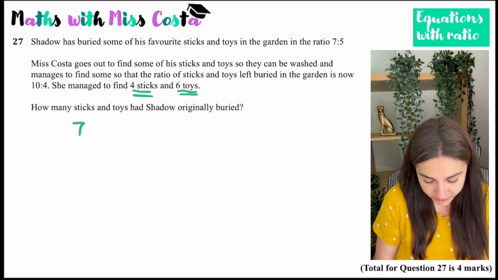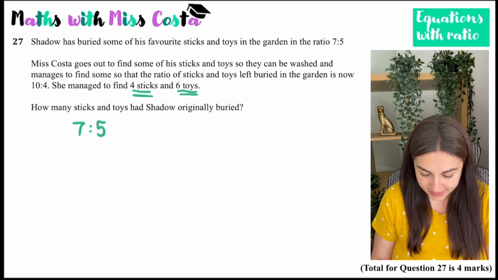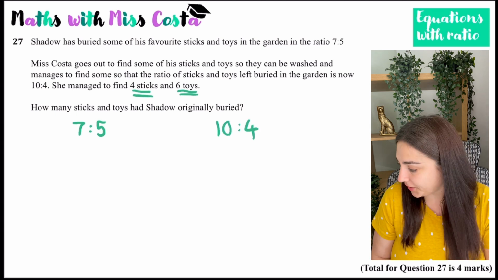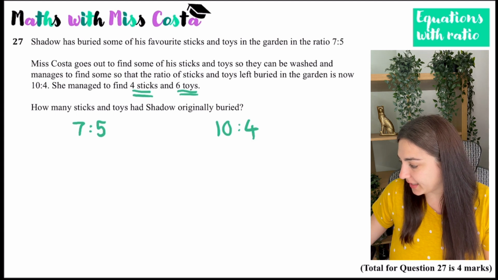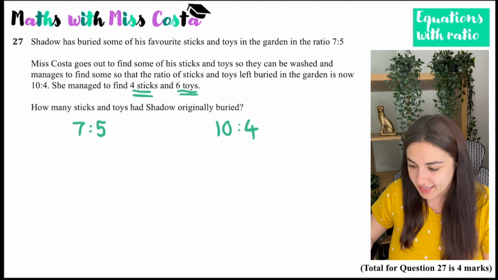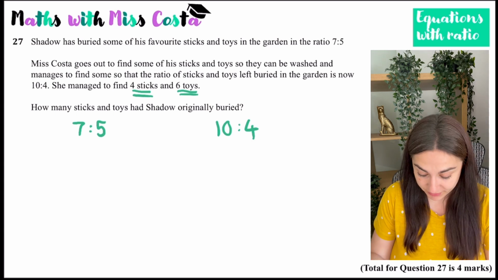So the original ratio is 7:5. And what has happened now? The ratio is now 10:4. So what I can do is, I don't know exactly how many there were, but I know that it was in the ratio 7:5.